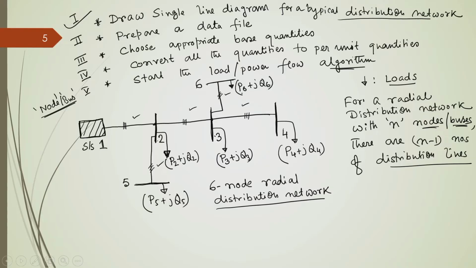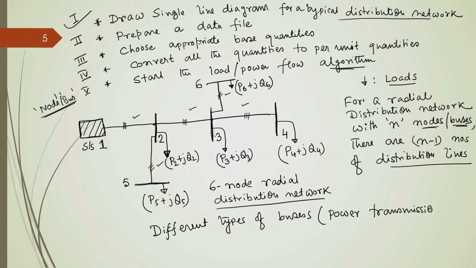Now, in a power transmission system, there are different types of buses, and we categorize them as slack bus, load bus, and PV bus or voltage controlled bus.